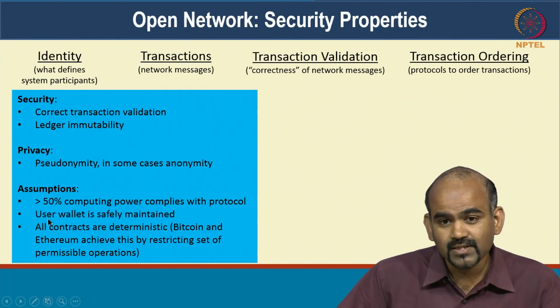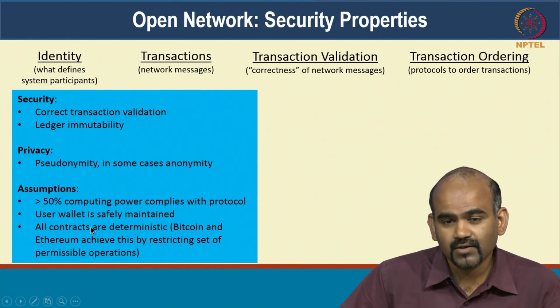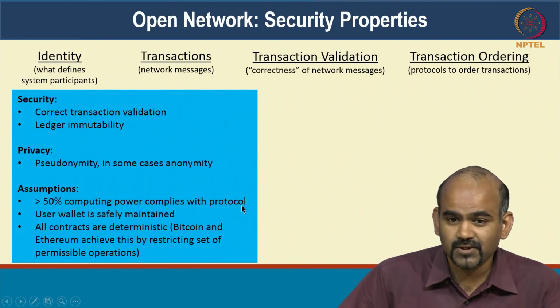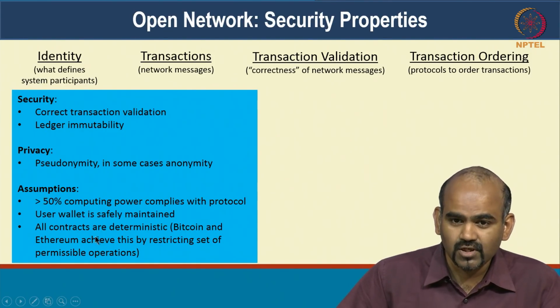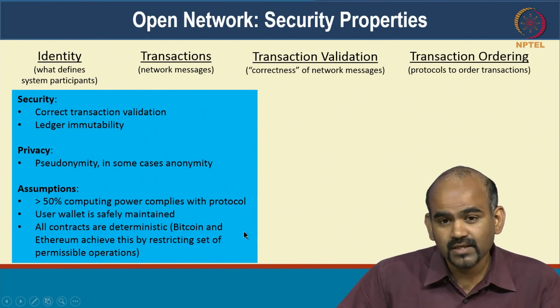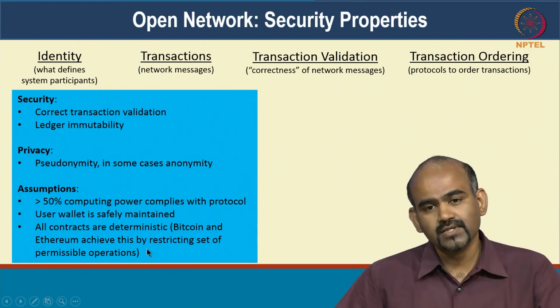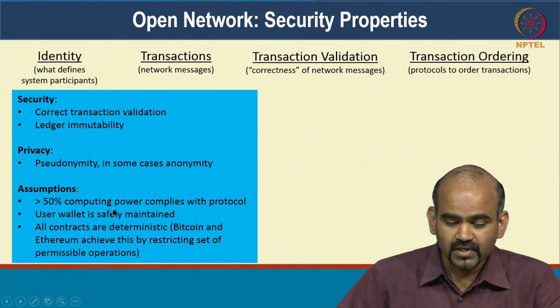It also assumes that the user wallets with the private keys of the individuals are safely maintained and not compromised either. And whatever transactions you're running on the blockchain also have to be deterministic. Bitcoin and Ethereum achieve this by reducing the set of operations you can perform, but there are other ways to achieve this as well, right?